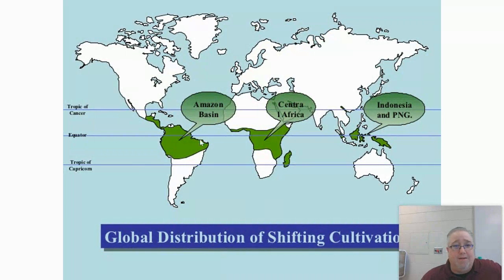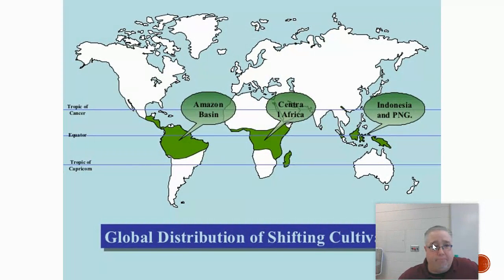Sorry. They'll sometimes ask an AP question about geography, and they'll say, where globally would you find slash and burn agriculture? And these are the regions where you would find this, because this is where you find tropical rainforests, right? Lots of tropical rainforests in the Amazon.